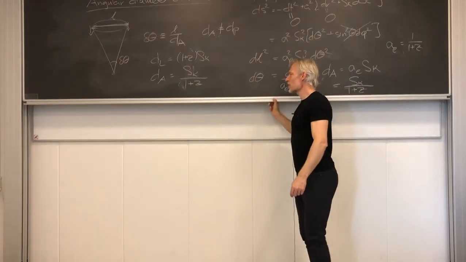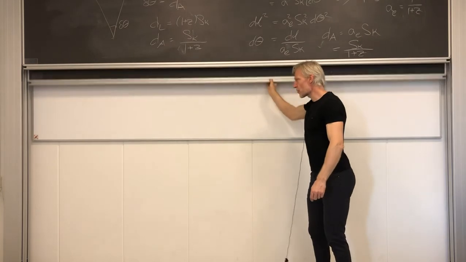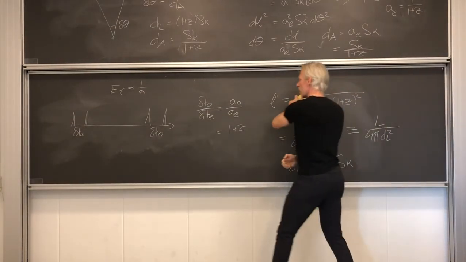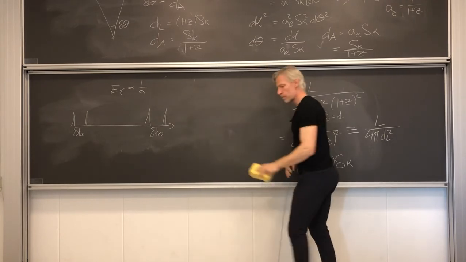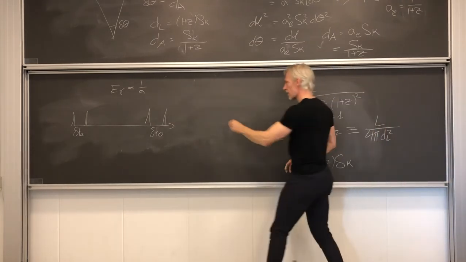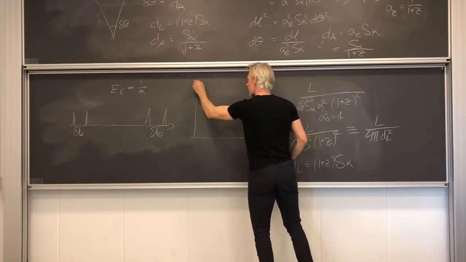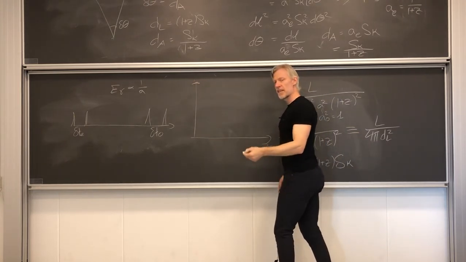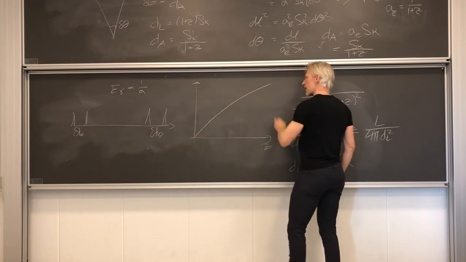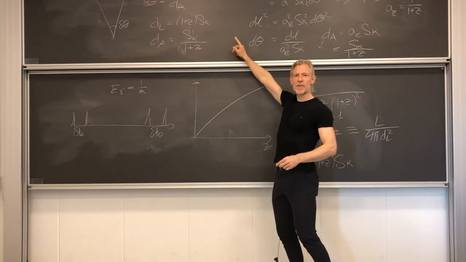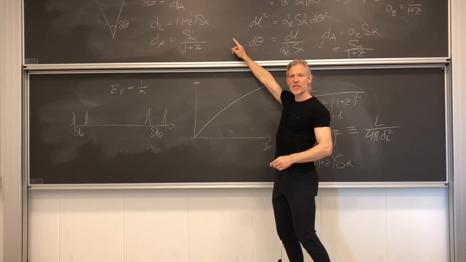If I was to try and draw for you what that looks like, as a function of redshift, then if I take the proper distance, it does something like this. But the luminosity distance increases much faster because of this extra 1 plus z term.